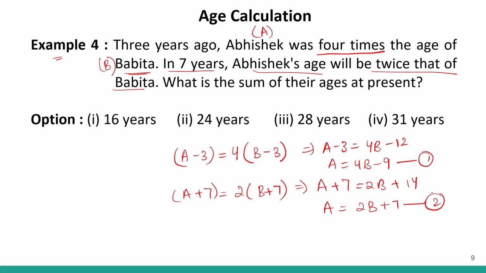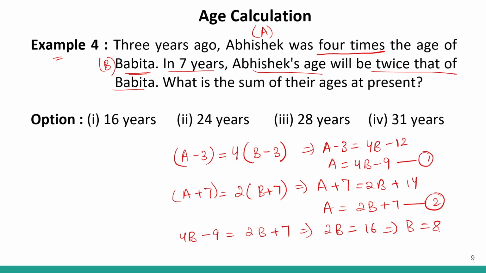So this will be equation 2. From equations 1 and 2, A's value is given. So I can say that 4B minus 9 equals 2B plus 7, correct? So if I take B over this side, 4B minus 2B will give me 2B. And if I take 9 over this side, it will turn positive. So 9 plus 7 gives me 16. Solving this, B's value will be 8.